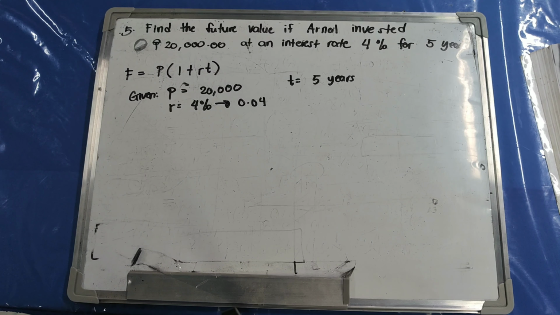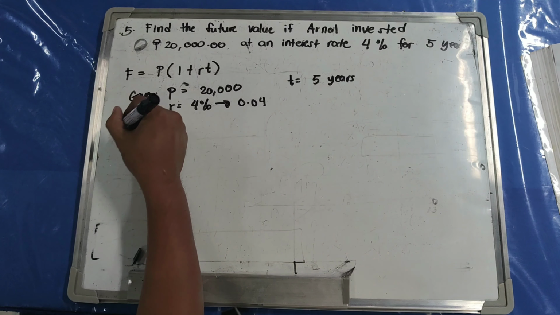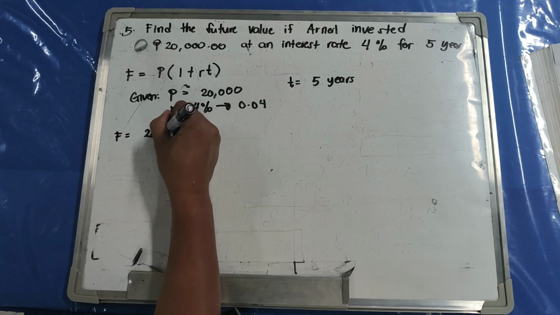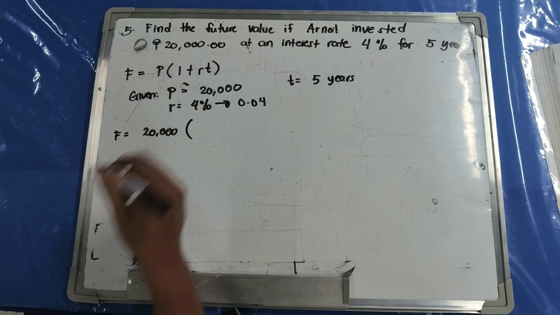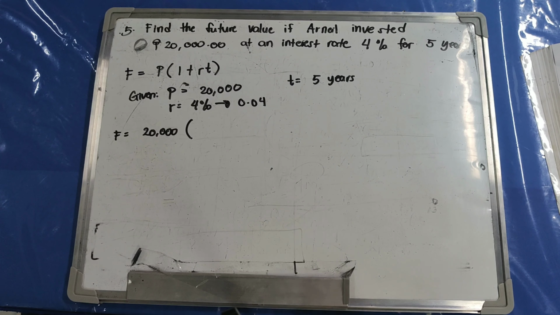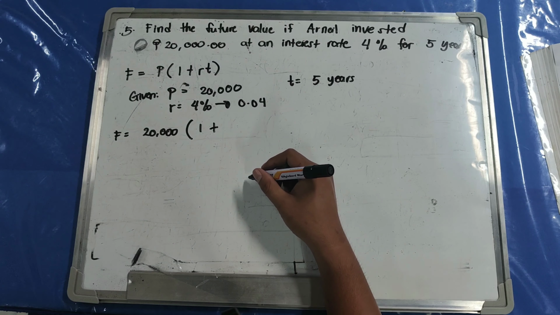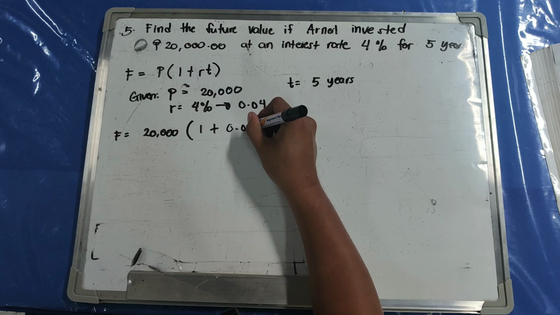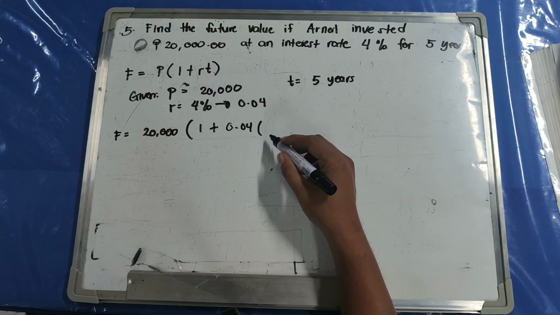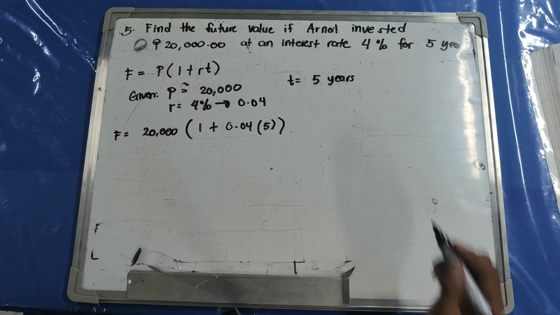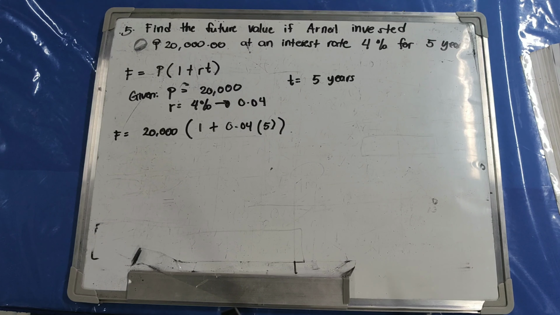Let's solve now. First, let's substitute the given into the formula. F is equal to our principal, 20,000, times the quantity of 1 plus RT. What's our R? 0.04 times the time, 5 years. We need to apply PEMDAS.